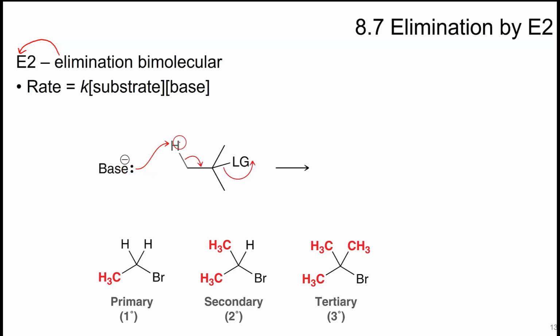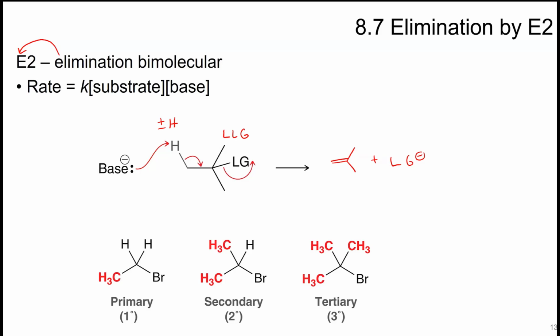There's a base that pulls off the proton after it's gone fishing for it. Those electrons between the carbon and the hydrogen go in to form the double bond, and it kicks off the leaving group. So proton transfer, and then loss of leaving group.